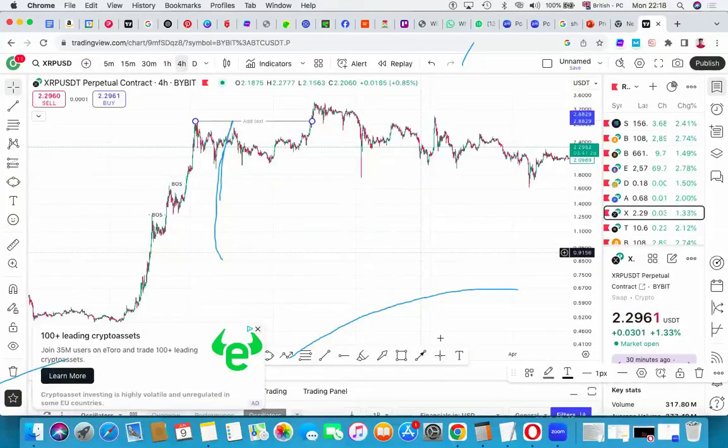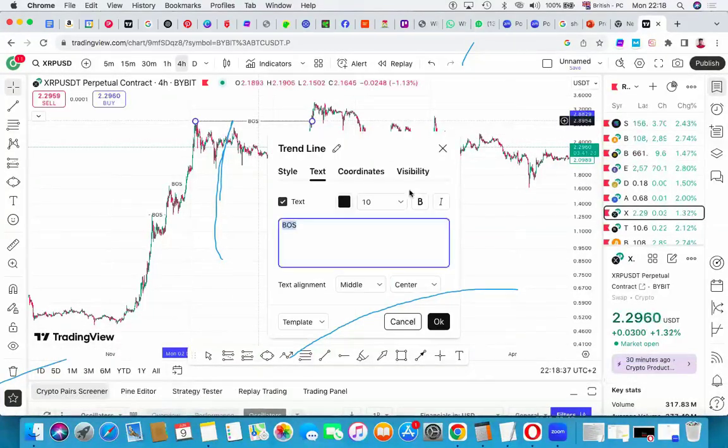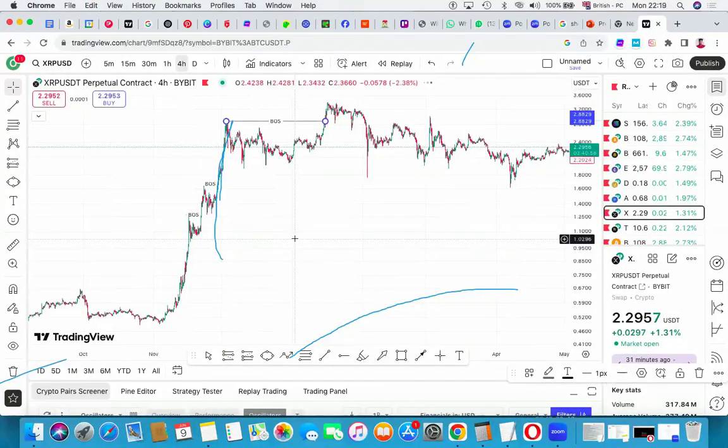It's a change in character here because we have the BOS here, and it's still within the range because it has to break this and then come around here for us to have a complete change of character. So this is not a perfect example.